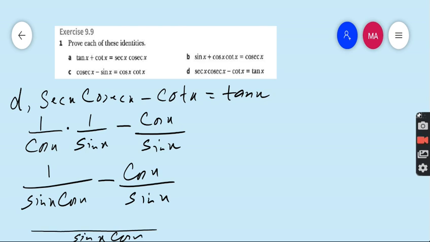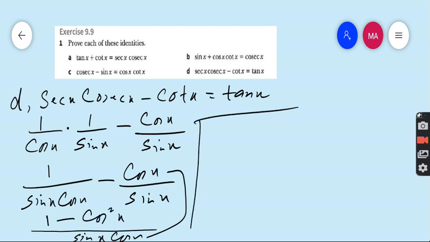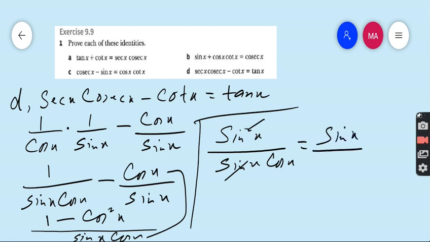Sin x cos x cancelled, sin x cos x remains, is 1 minus sin and sin cancel, but this cos is multiplied by this cos, which is cos square x. 1 minus cos square x, sin square x upon sin x cos x is equal to, this sin cancels by its square, remains sin x upon cos x.